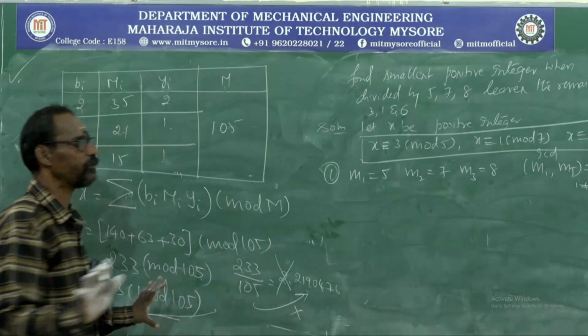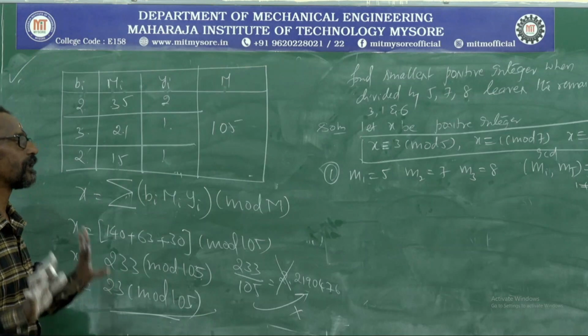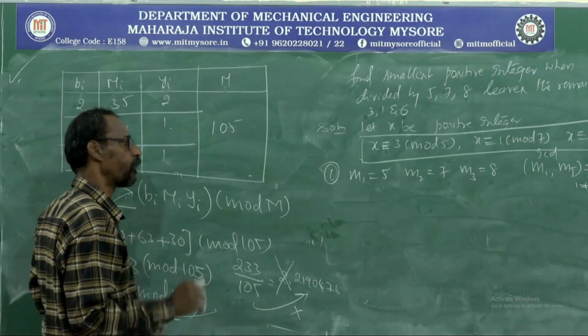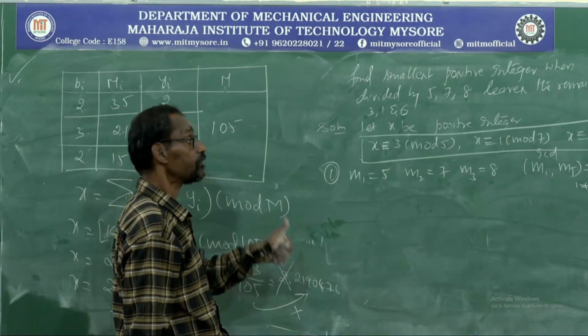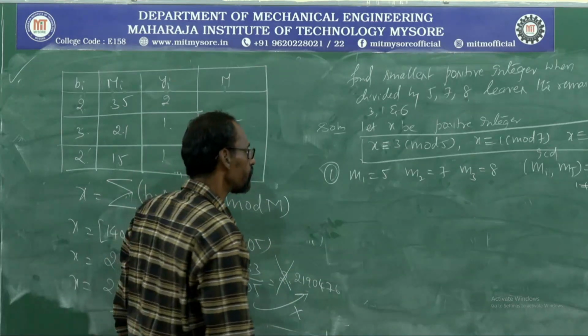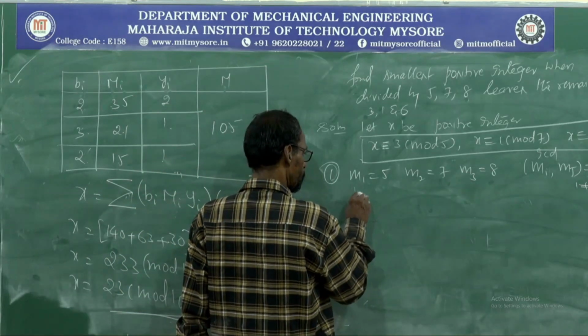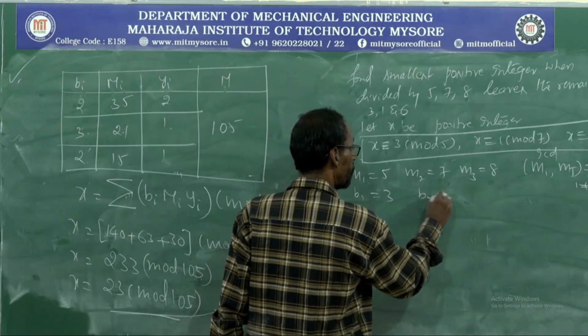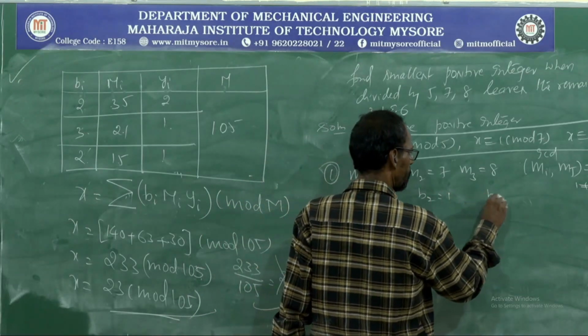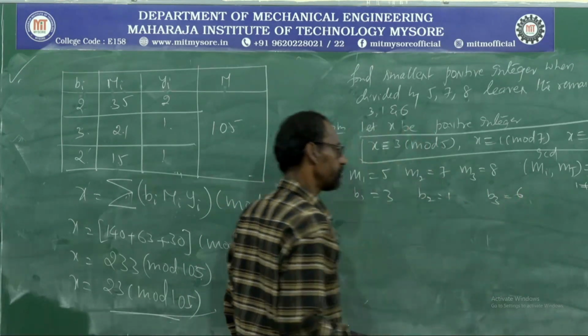That is, any pair you take out of these 3, they are going to be relatively prime. The GCD is 1. First condition to go for the Chinese remainder theorem. Second one, write the values: b1 equal to 3, called remainder, b2 equal to 1 and b3 equal to 6.